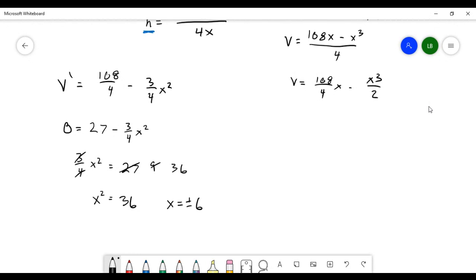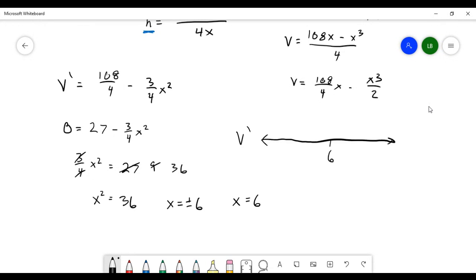But since in this case x represents a side length, our x value has to be 6. And if we wanted to check that that was a maximum, again, we could just put that into our first derivative. So we have a V prime number line.